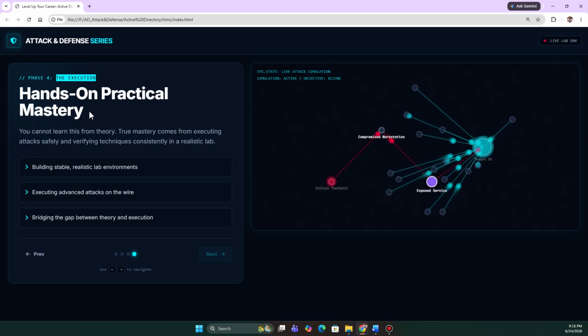You need to see how an attack works step by step. You need to know how to set up an environment and how to execute the attack safely. This is most important. Safely executing any attack is the most important point, which organizations or clients will look at. And how to verify that your technique works every single time.